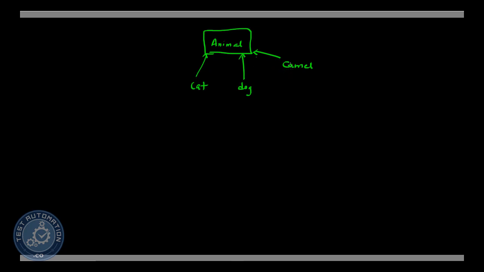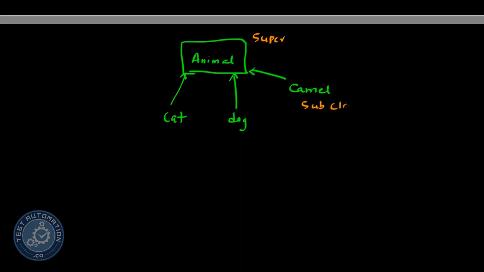So here let us see the terminology. The animal class here is called the superclass, and the rest of them which are extended are called subclasses. So camel, dog, and cat are all the subclasses of animal. As a designer of this software component, what I will think ahead of time is, let us put all of the behavior which is common across different animals into the animal superclass so that it can be extended by different animals.